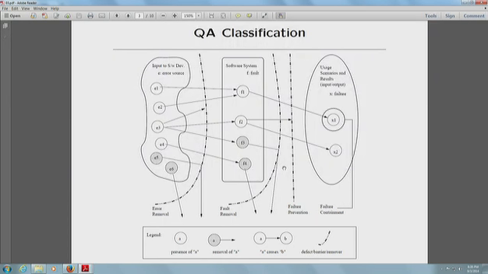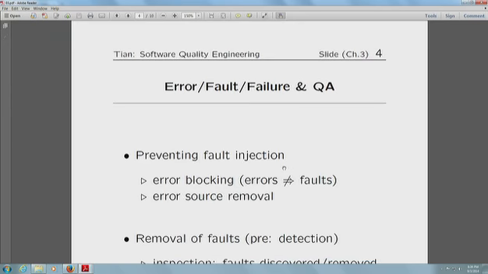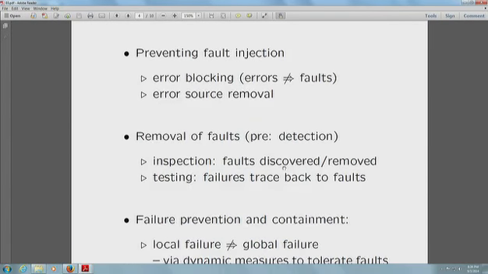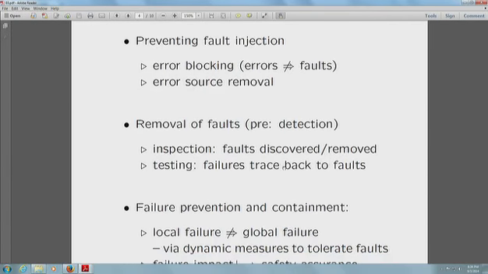Consequently, this is our classification scheme: defect prevention, defect removal, and defect containment.